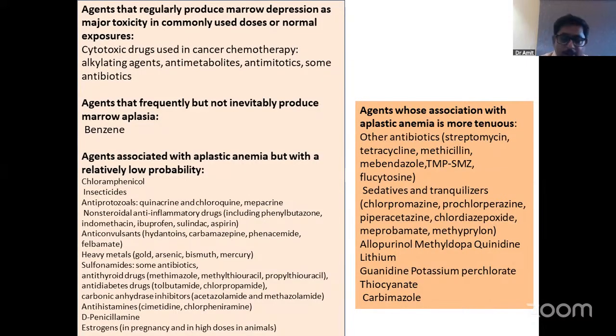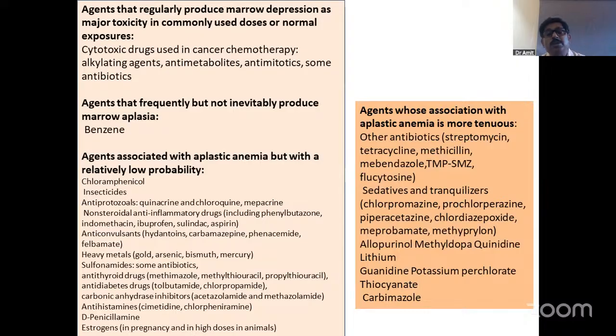These are chloramphenicol, insecticides, antiprotozoals, quinacrines and chloroquines, non-steroidal anti-inflammatory agents, anticonvulsants, heavy metals, sulfonamides, anti-thyroid drugs, anti-diabetic drugs like tolbutamide, the older ones like chlorpropamide, carbonic anhydrase inhibitors like acetazolamide, antihistaminics like cimetidine and chlorpheniramine, D-penicillamine, and estrogen in pregnancy and in high dose in animals.